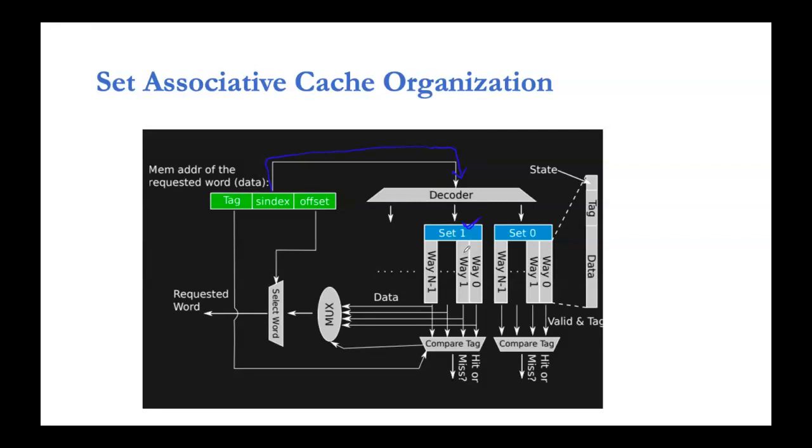In fully associative mechanism, there are several ways in every set, way 0 to way n-1. Let us take set 1 here. In this set 1, it has the number of frames, way 0, way 1, way 2, and so up to way n.